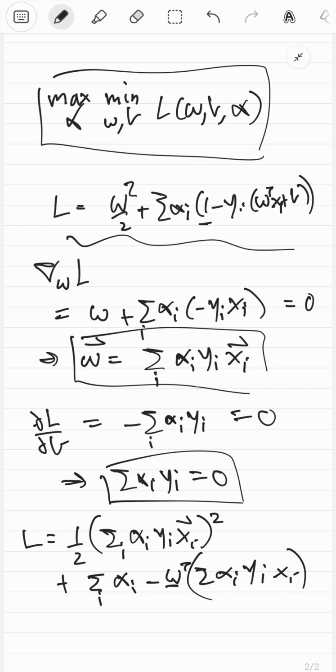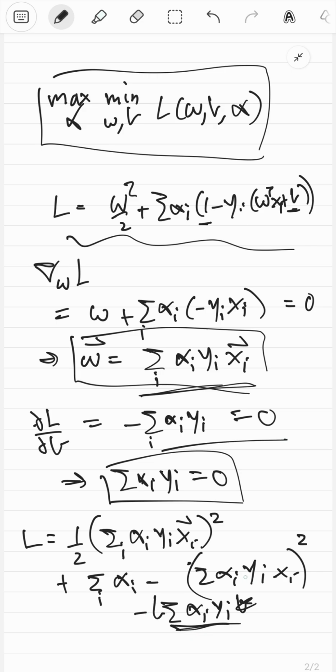But remember, omega transpose is just this thing transposed, so it's once again the same thing as before, like a dot product, so this just squares this whole thing directly. And then finally you have this term, minus summation of alpha i yi b, so b comes outside, but remember that this quantity is 0, and so this term is gone, and all you have is just this.